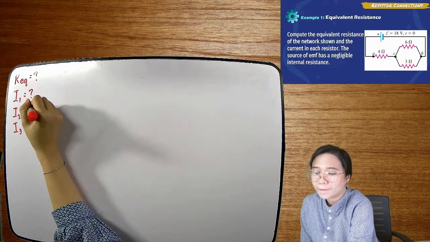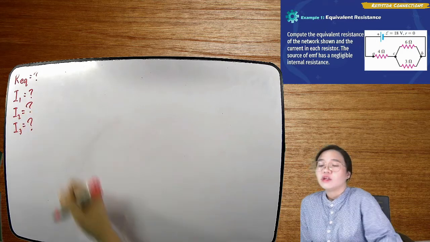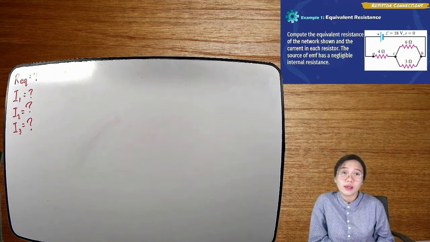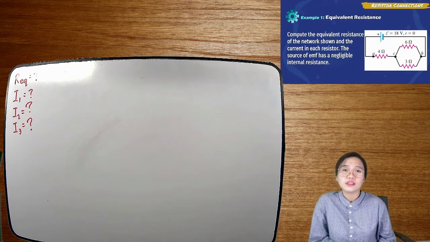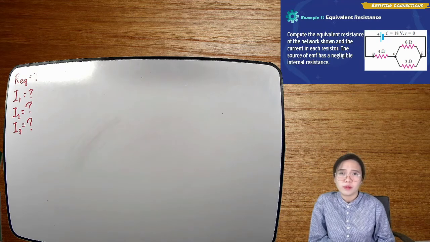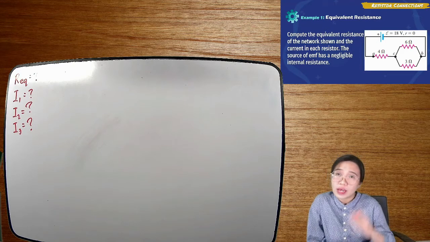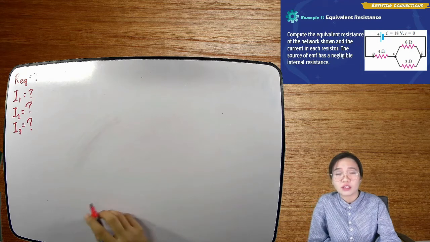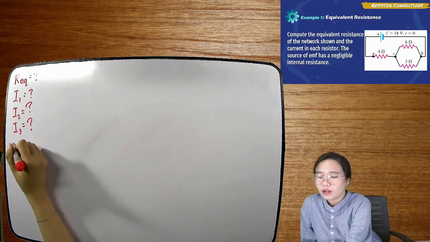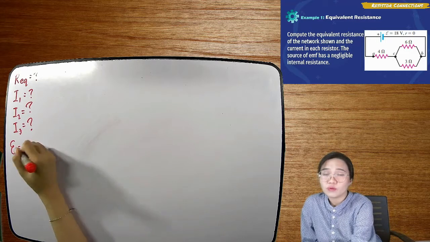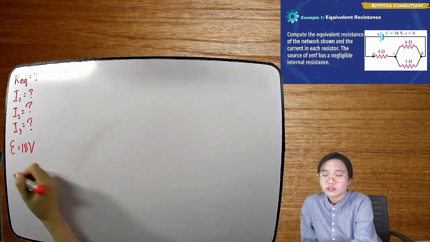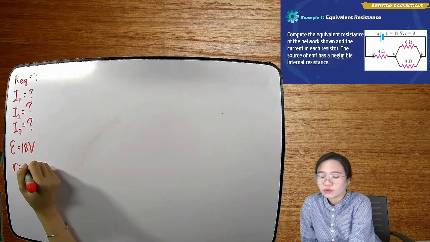Since we name them as I1, I2, I3, then we also need to name the resistances given in the problem. Since we already analyzed the problem and we know what is to be solved, now we need to write the given from the problem. So we have an EMF that is equal to 18 volts. Your internal resistance is equal to 0.